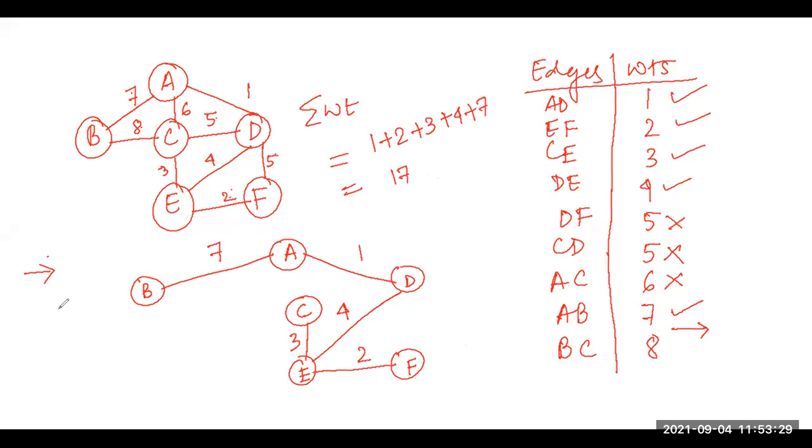So this is my resultant minimum spanning tree for this graph, applying the Kruskal algorithm, and this is its value. Does anyone have any query in understanding this? Did you get it? How we did that?